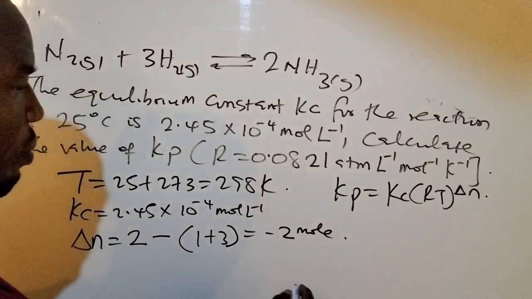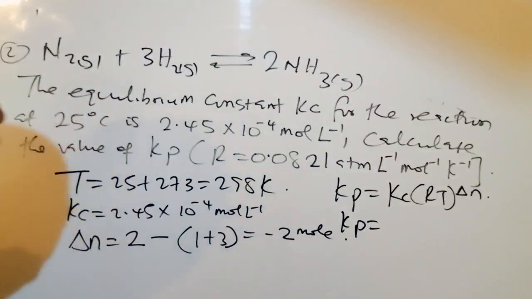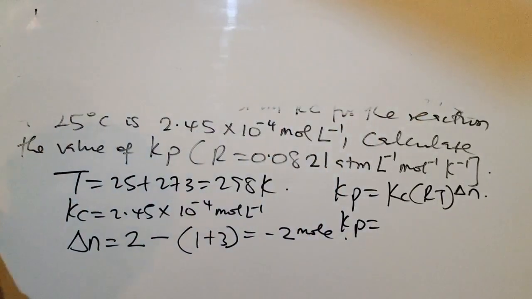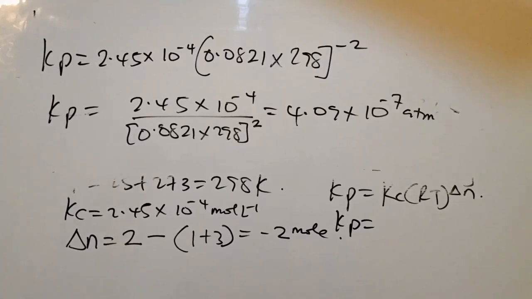So our Kp now becomes equal to the value of our Kc. Let me write the equation and make use of it to solve. Making our substitution, let's go through it once more, please.